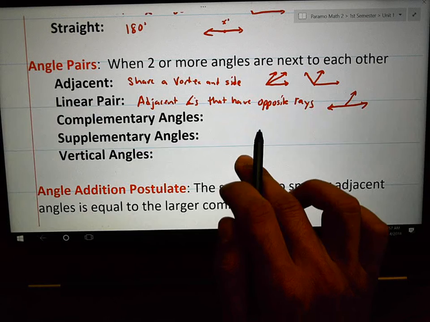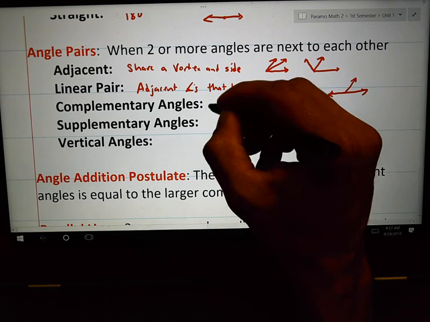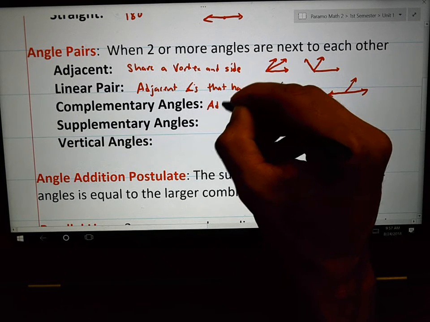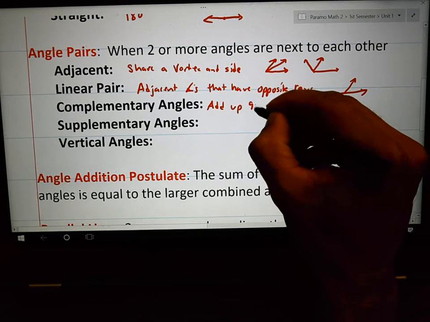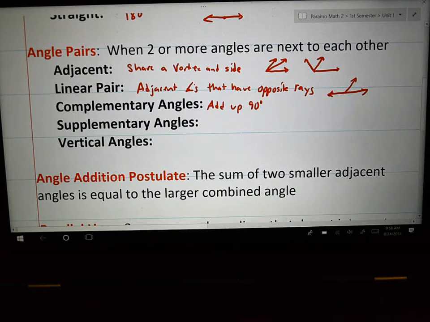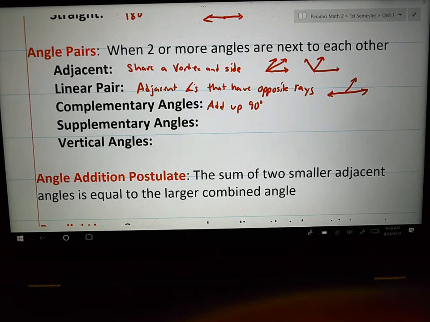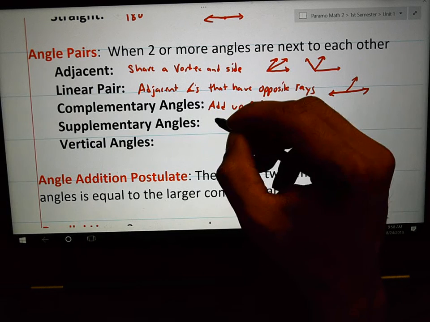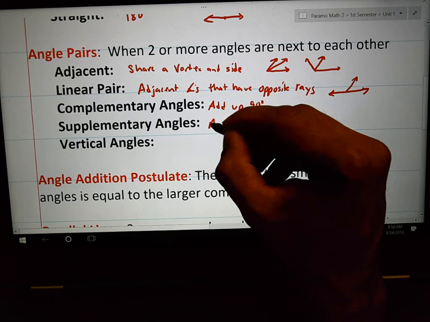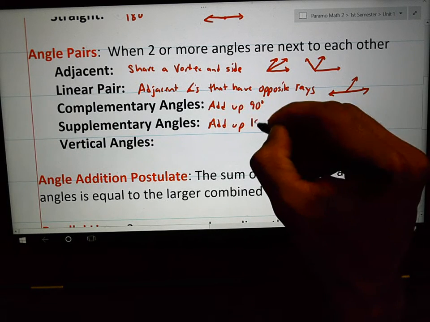Complementary angles add up to how many degrees? See if you remember, say it out loud. Add up to how much? 90. Ooh, a lot of you remember that. Good job. Supplementary angles add up to, that's the difference.